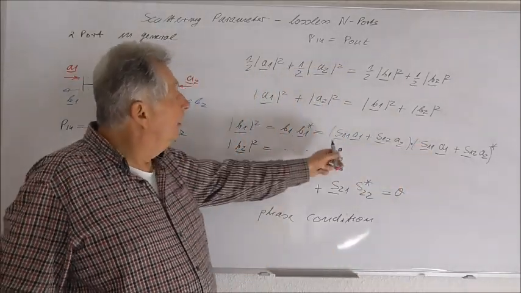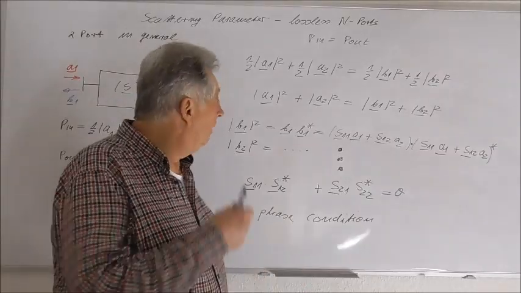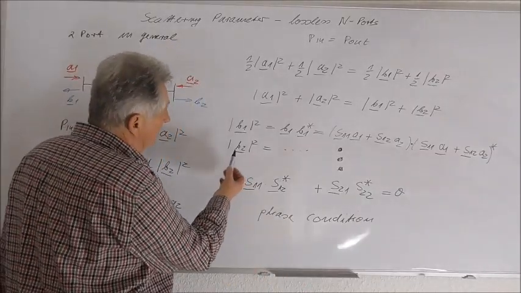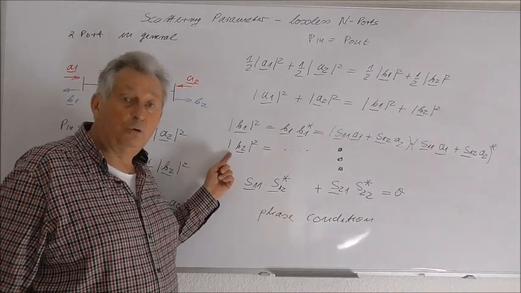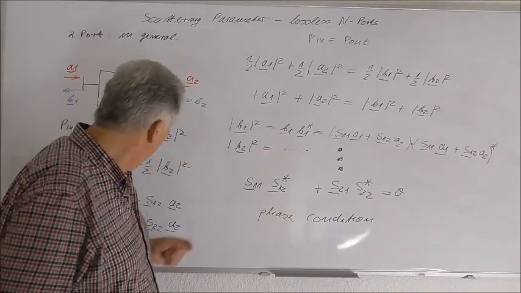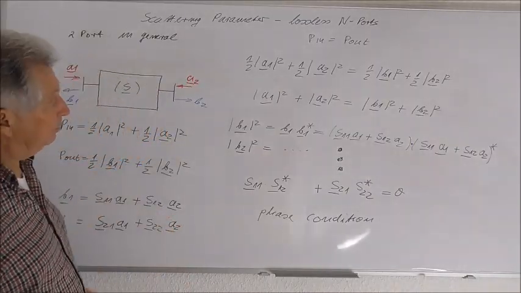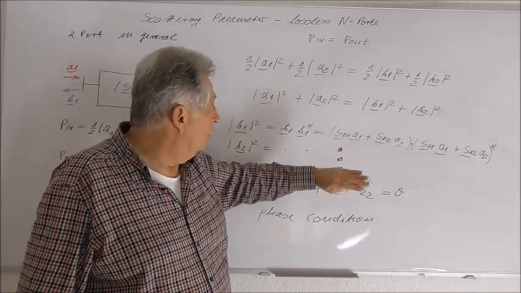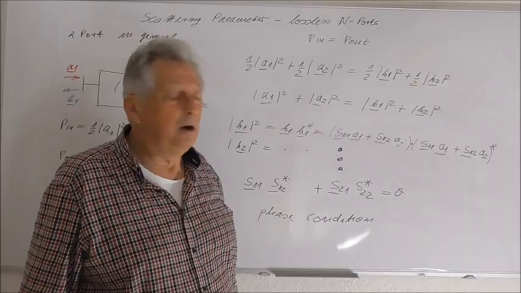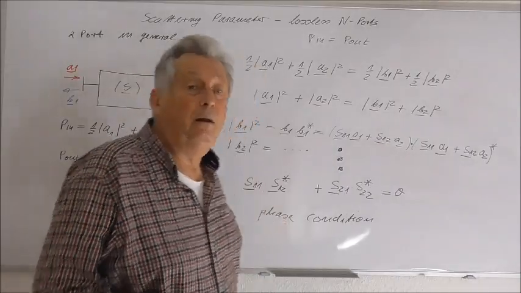Of course, there will arise a lot of terms, and then we must do the same with B2. So you see, we will have quite a lengthy calculation, and this would take a lot of time.